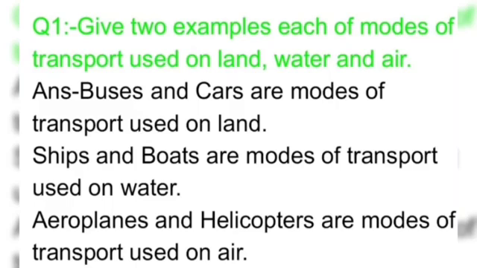Ships and boats are modes of transport used on water. Aeroplanes and helicopters are modes of transport used in air. Okay, so these are some modes of transport used on land, water and air.